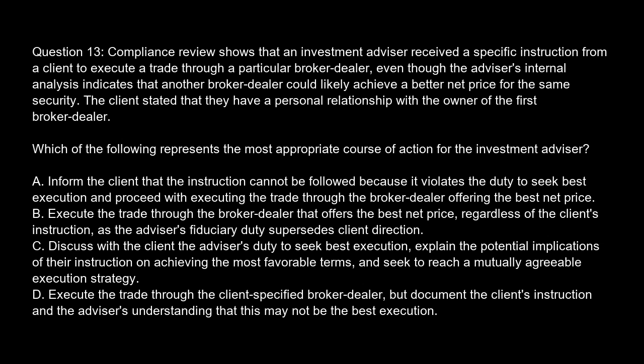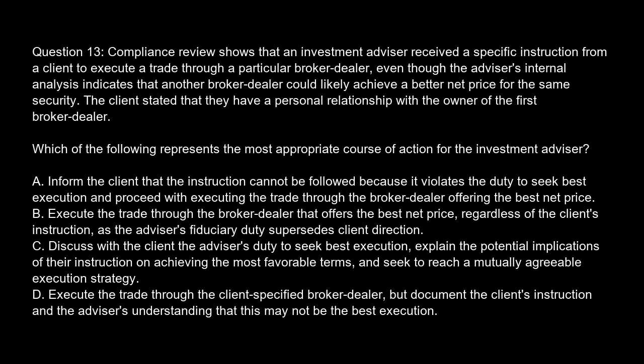Option A. Inform the client that the instruction cannot be followed because it violates the duty to seek best execution and proceed with executing the trade through the broker-dealer offering the best net price. Option B. Execute the trade through the broker-dealer that offers the best net price, regardless of the client's instruction, as the advisor's fiduciary duty supersedes client direction.